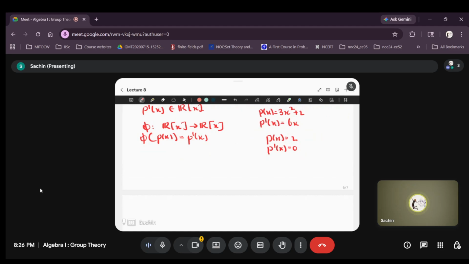Okay, then if we have two polynomials P and Q, P of P plus Q is the derivative d by dx of P plus Q. Yeah, by some rule, it's the sum of the derivatives.